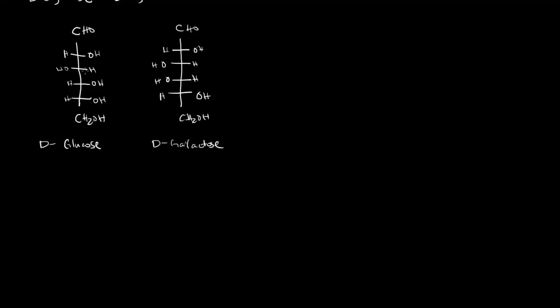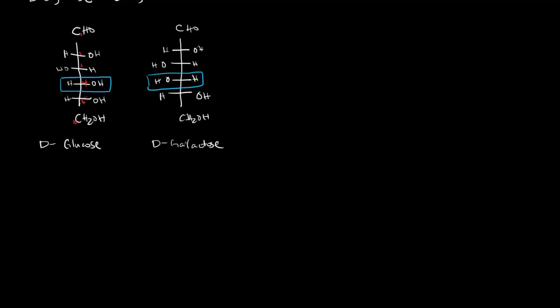Now notice that these two only differ at the 4th carbon. You start the numbering at the most oxidized carbon, which is that one. So 1, 2, 3, 4, 5, 6.